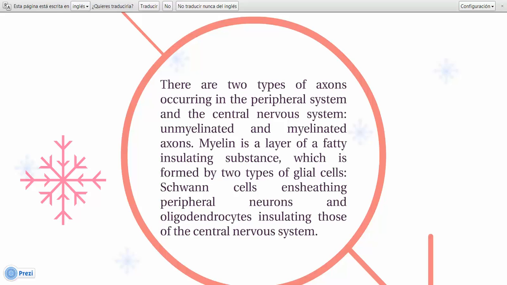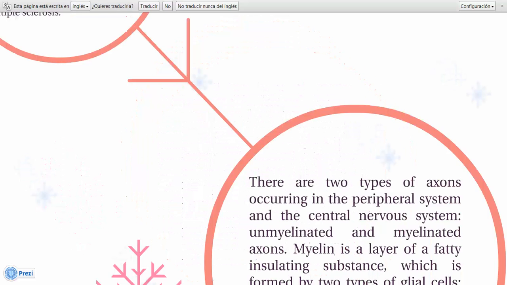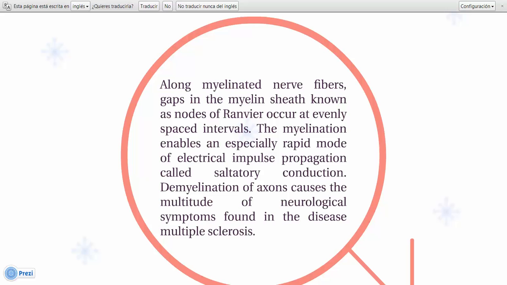Along myelinated nerve fibers, gaps in the myelin sheath known as nodes of Ranvier occur at evenly spaced intervals. The myelination enables an especially rapid mode of electrical impulse propagation, called saltatory conduction.